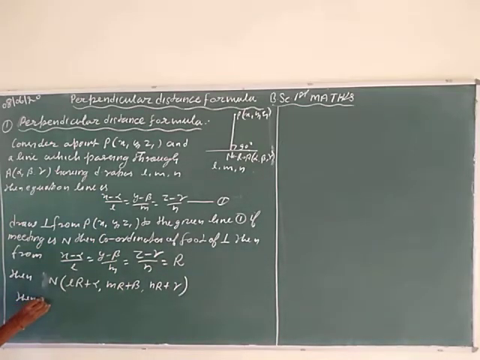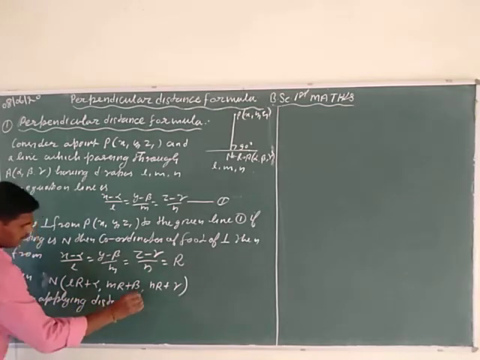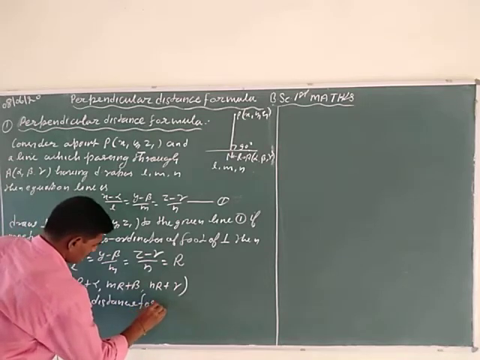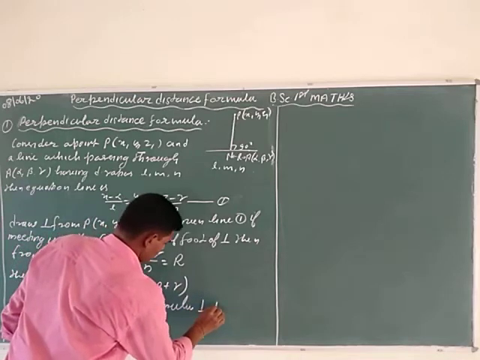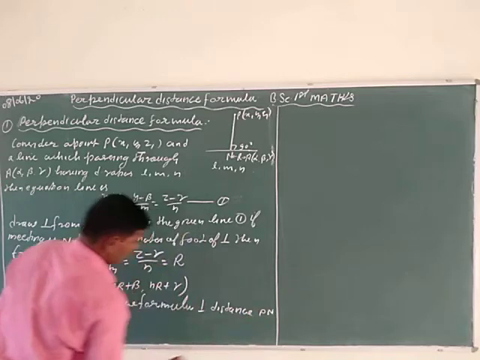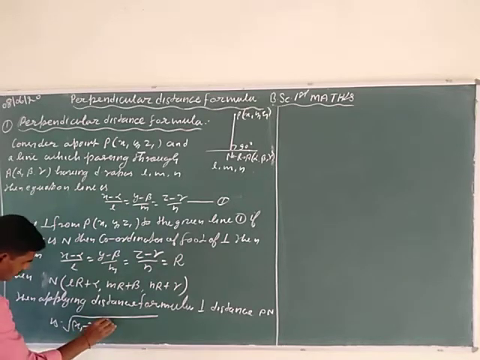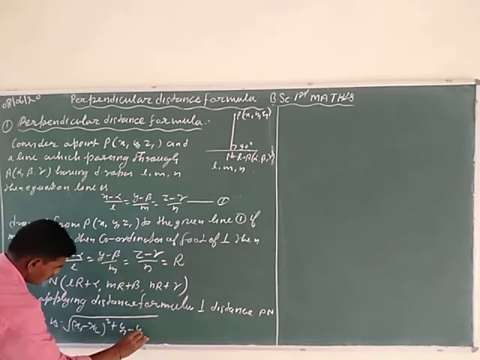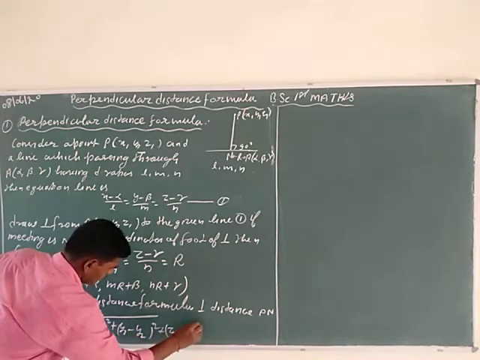Then by applying the distance formula, the perpendicular distance PN is equal to the square root of (x1 minus x2) whole square plus (y1 minus y2) whole square plus (z1 minus z2) whole square.